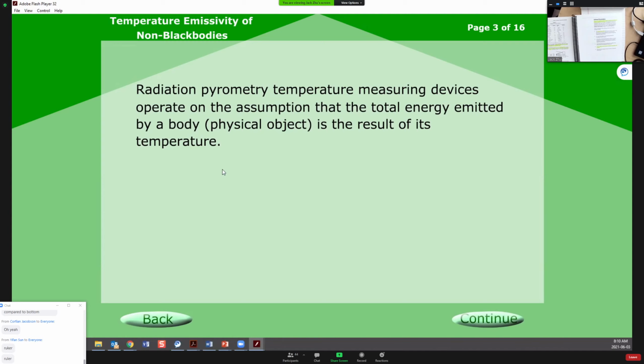Basically, if an object has a higher temperature, it will emit more of what we call radiation and heat energy. If the temperature is lower, it will emit less radiation energy.